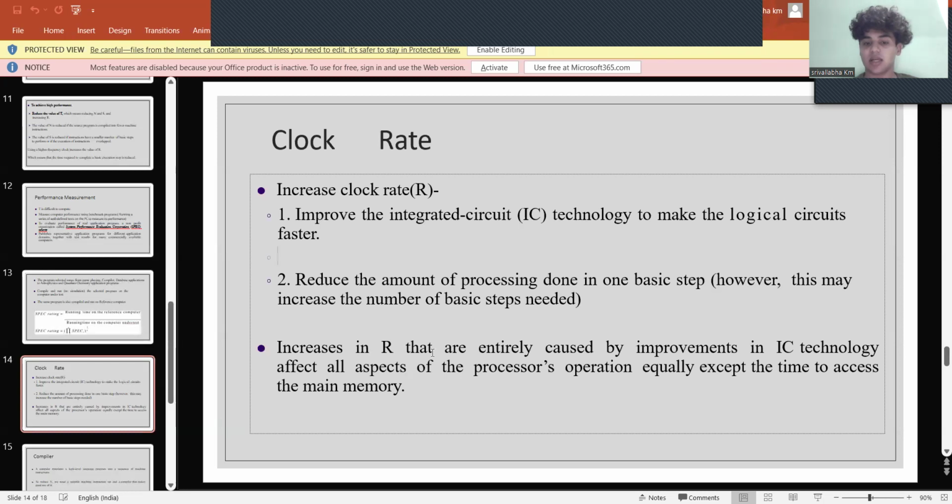Increases in clock rate R that are entirely caused by improvements in IC technology affect all aspects of the processor's operation equally, except the time to access the main memory.